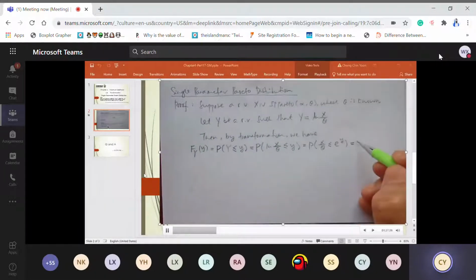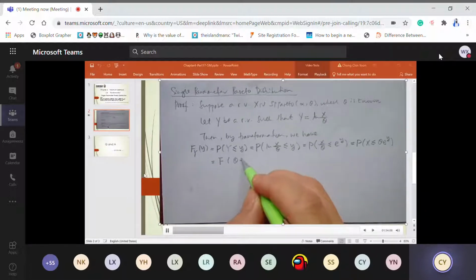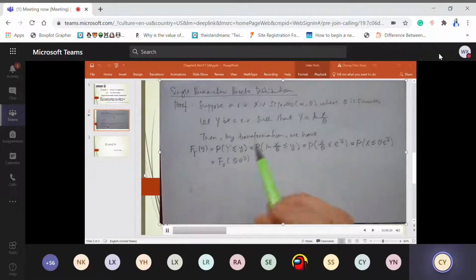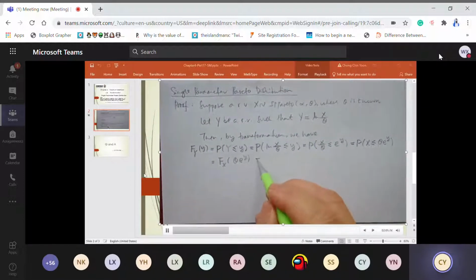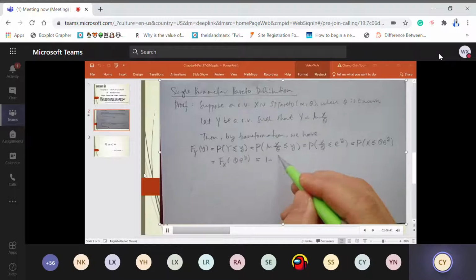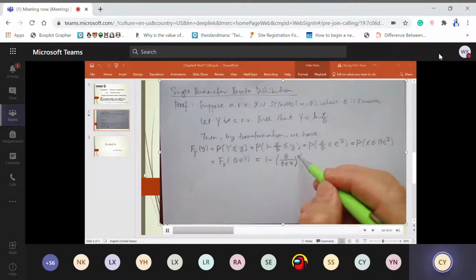So this is equal to the probability that X is less than or equal to theta multiplied by e to the power of y. Obviously, this is equal to the CDF of X at theta times e to the power of y. Since X is single parameter Pareto distributed, this is equal to 1 minus theta divided by the x value, to the power of alpha.